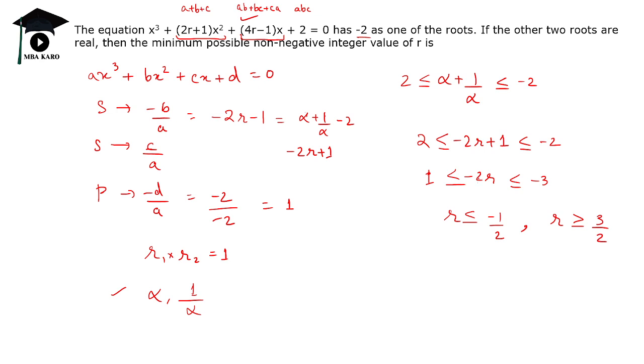When we divide by a negative number the signs reverse, so r becomes less than −1/2 and r becomes greater than or equal to 3/2. Now we need to find the minimum possible non-negative integer value of r. So r is greater than or equal to 1.5, so the non-negative integer value we get is 2. So the answer to this question is 2.